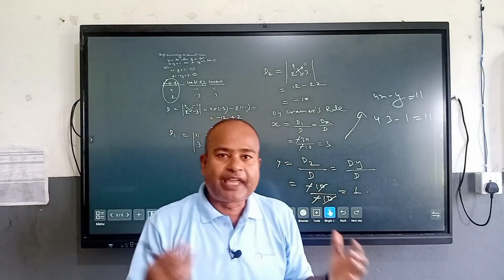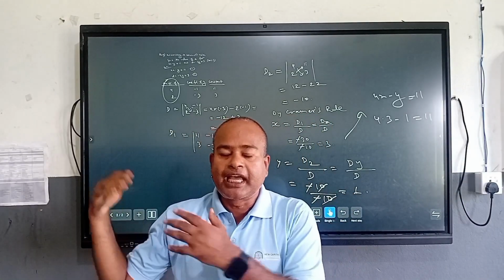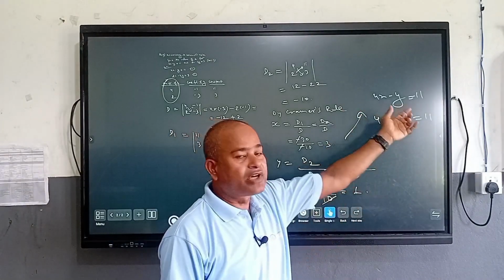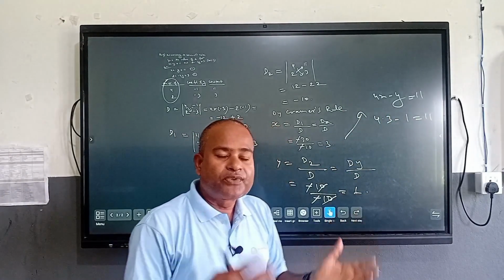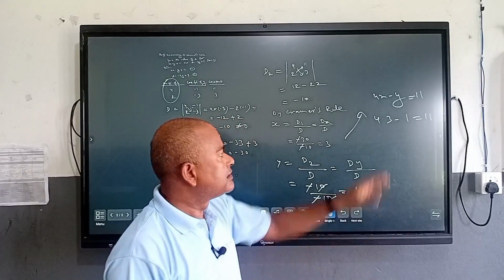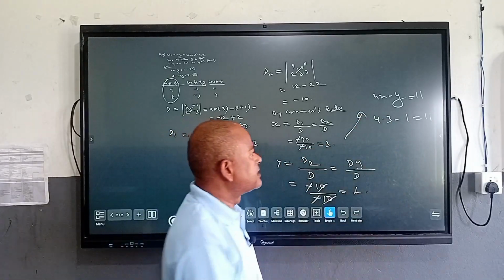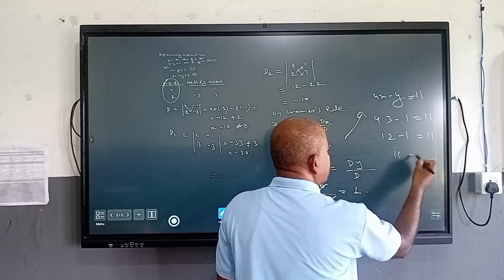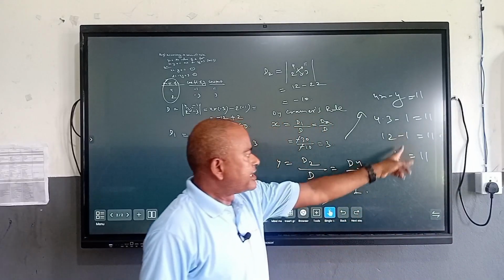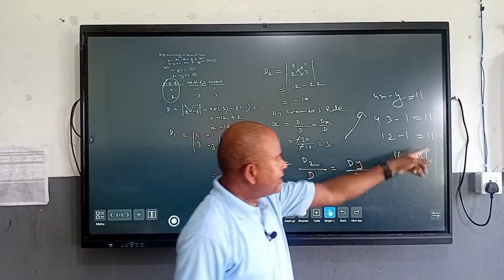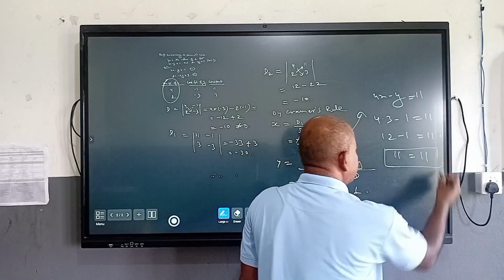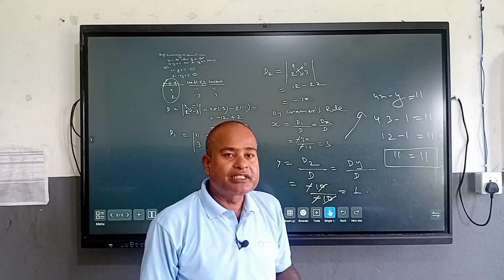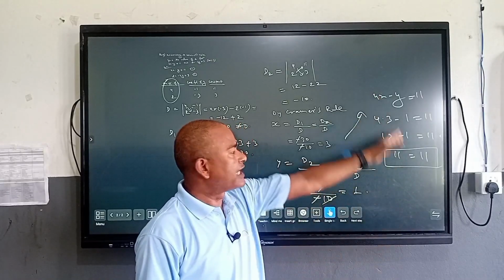If we put the values of x and y in either the first equation or the second equation, and they satisfy equation 1 and equation 2, then our answer will be correct. So 4 3s are 12 minus 1 equals 11. 12 minus 1 is equal to 11. So 11 equals 11. So we have checked that our answer is correct.